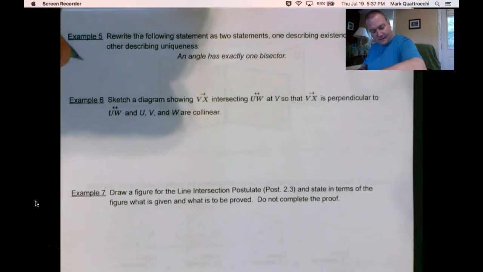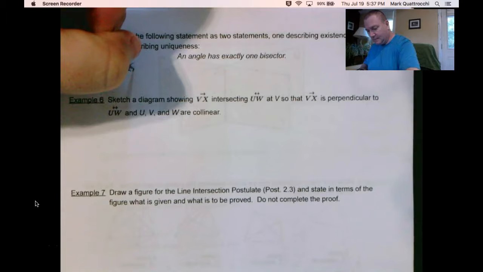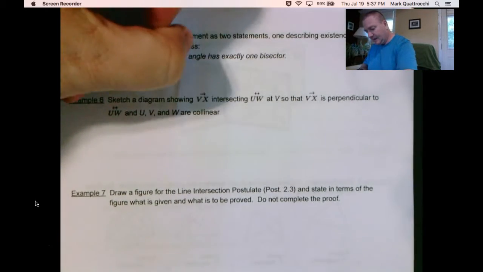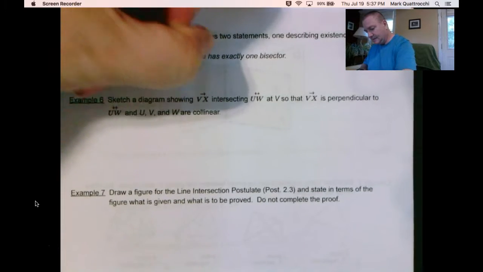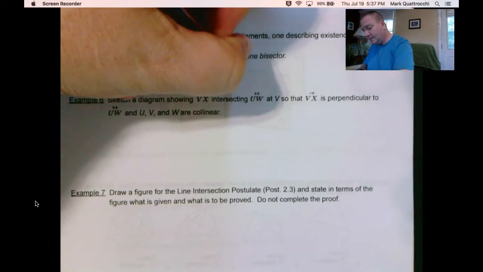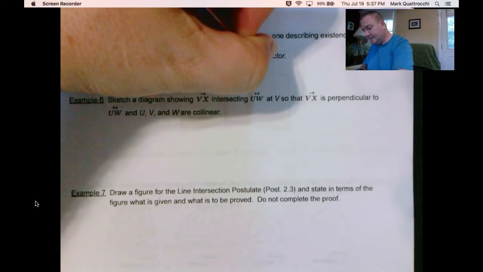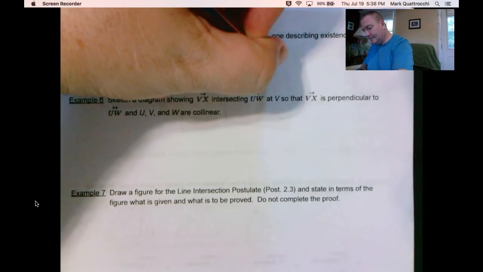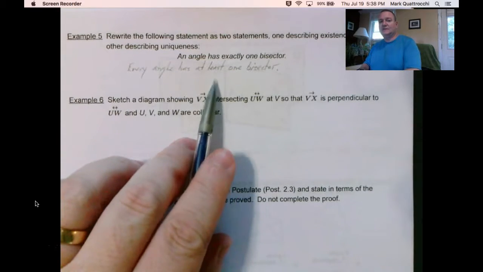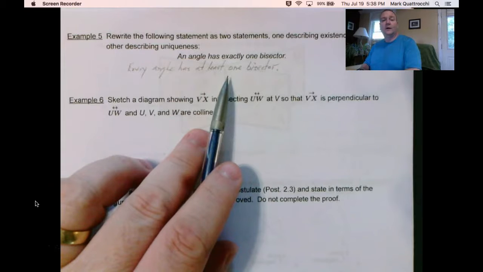So every angle has a bisector, at least one bisector. What this is saying is that there's at least one bisector. There could be more, but there is at least one. That's a statement of existence.